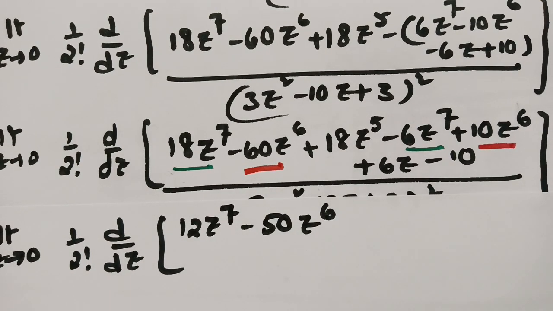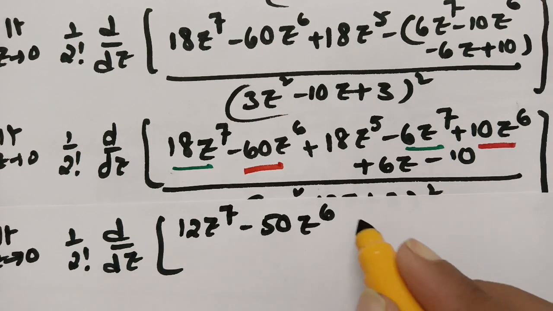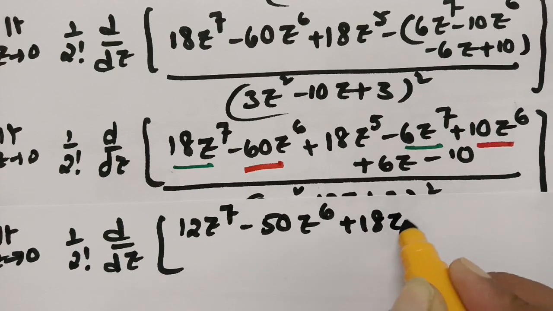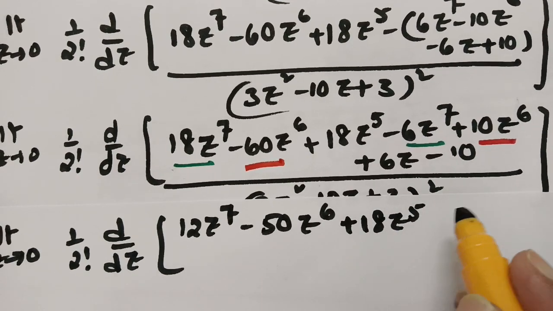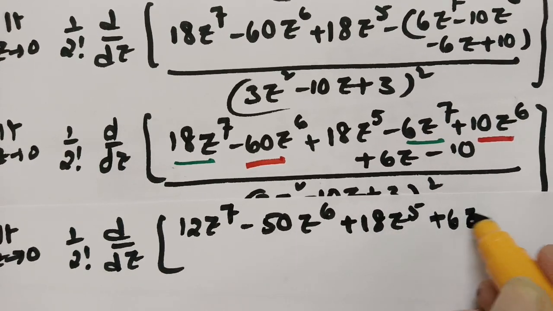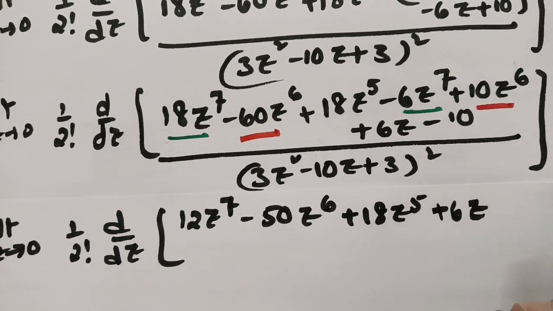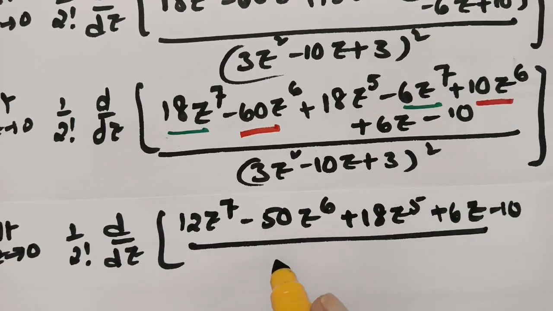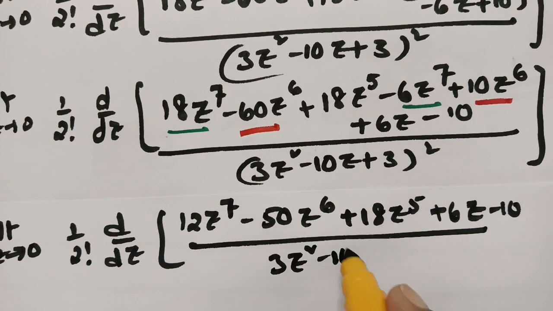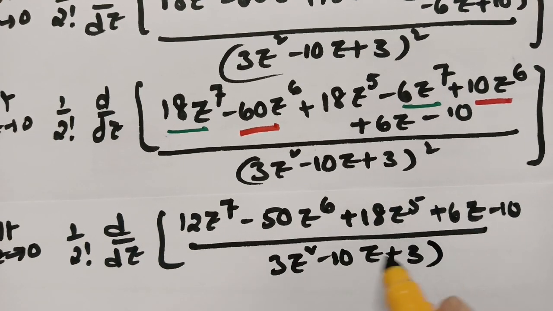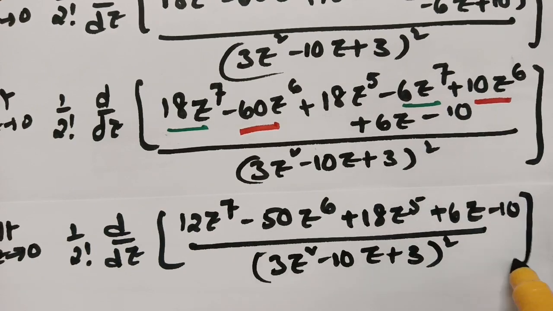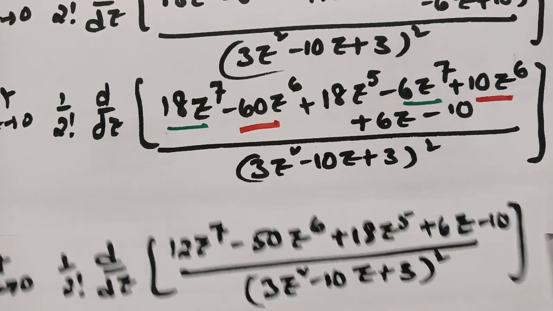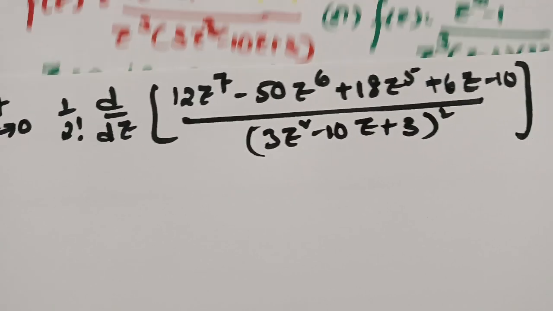And next 18 z power 5 plus 6z minus 10, divided by 3z square minus 10z plus 3 whole square. Clear? So this value is clear.